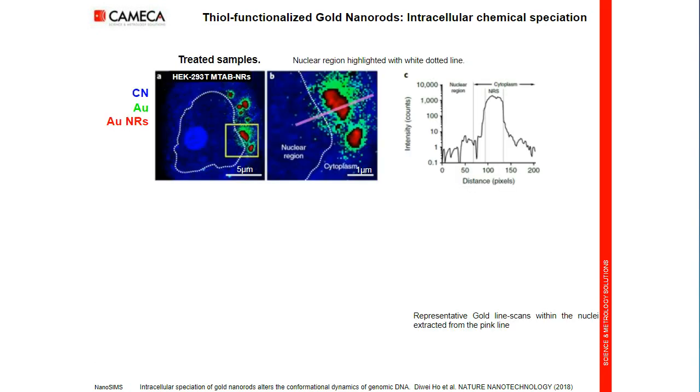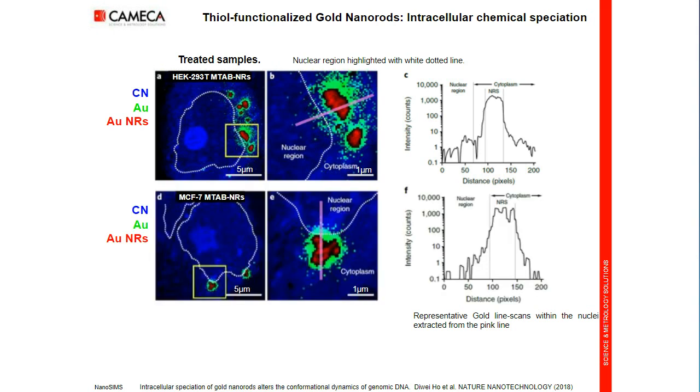Well, if we zoom now on the NanoSIMS gold image, and we extract the line scan, we can see that indeed gold is penetrating inside the nucleus at some distances, maybe 100 nanometers or half a micron, and we see this in green, away from the nanorods. And if we look at the second cell line, MCF7, it is the same.